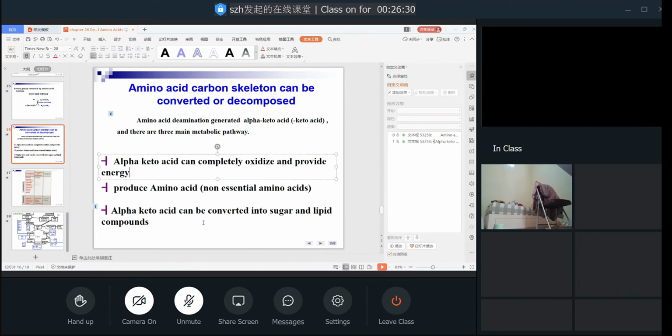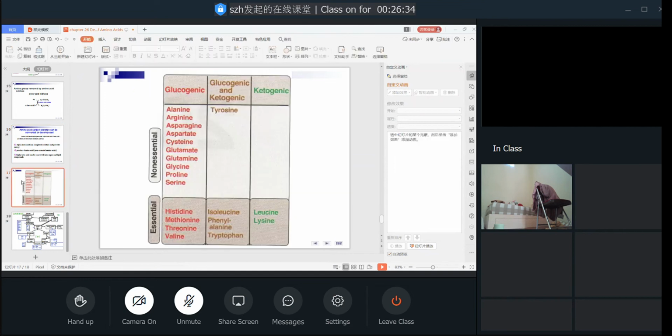So here in our e-book it lists all kinds of amino acids that can be used to synthesize sugars, to produce glucose.